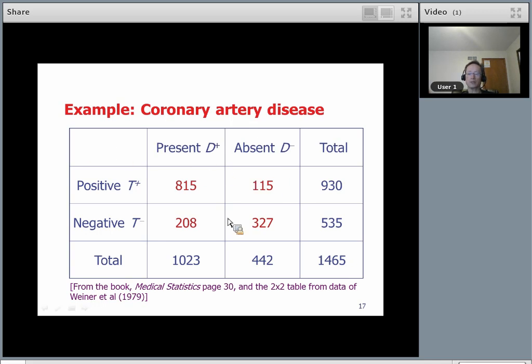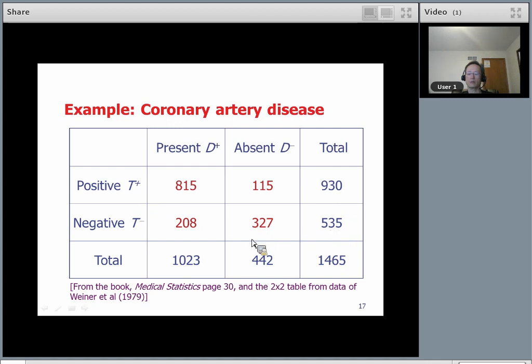So if we look at this data, there are a total of 1,023 people who actually have the disease, and 442 who did not. But then if we use a certain medical device to test these persons, we find out that 930 of them tested positive and 535 tested negative.